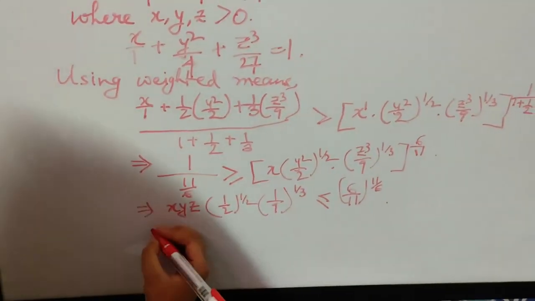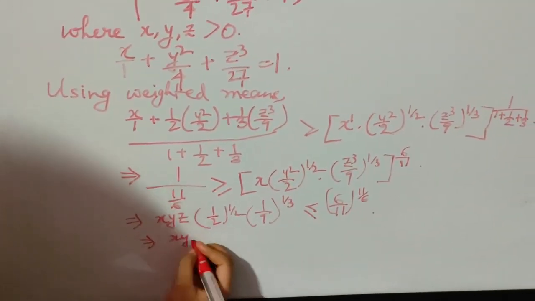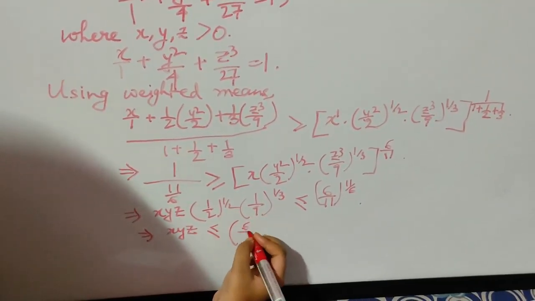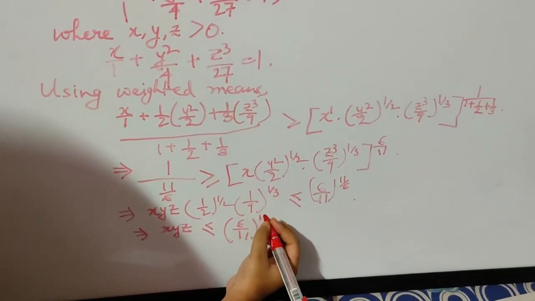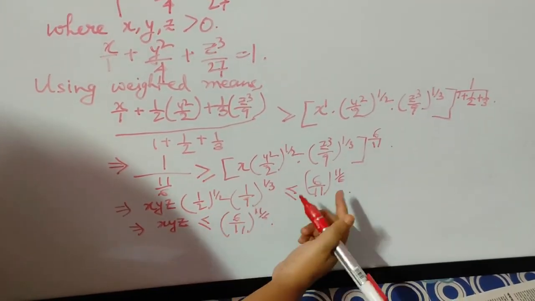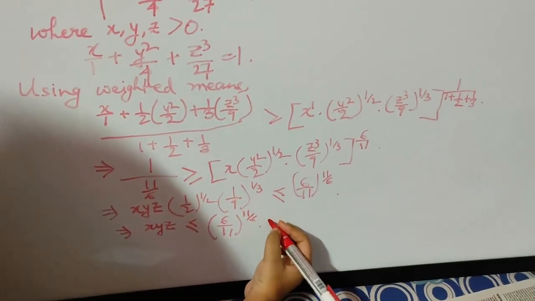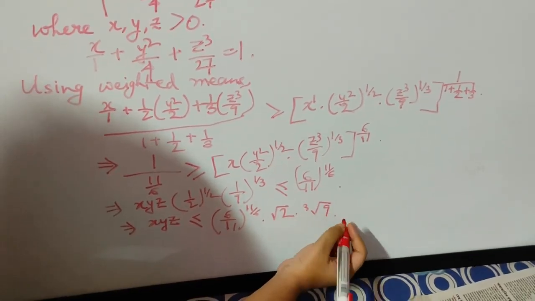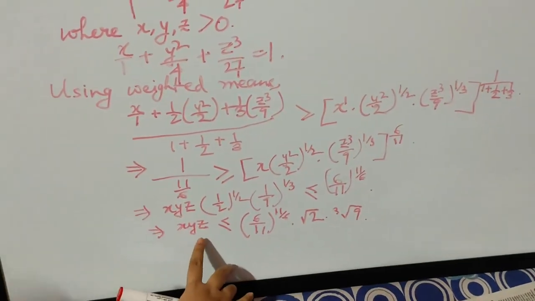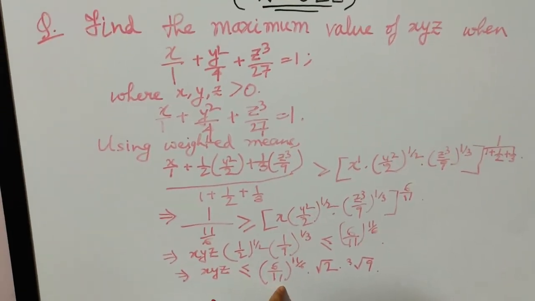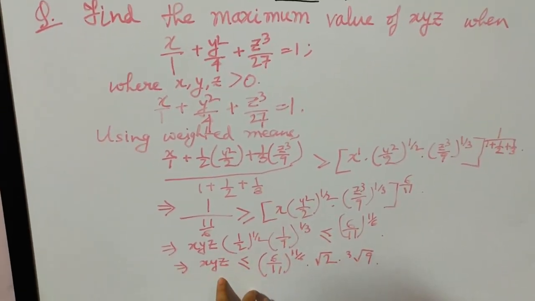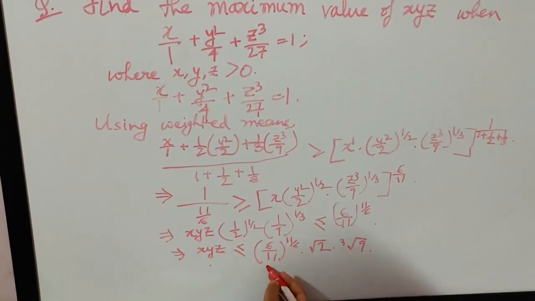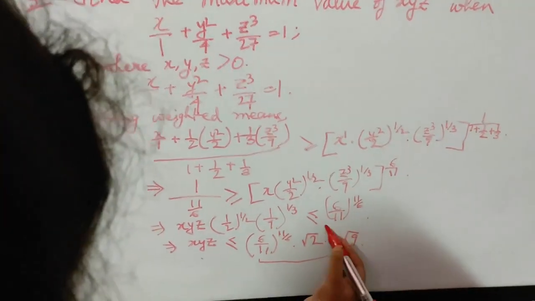So finally xyz should be less than or equal to 6 by 11 to the power 11 by 6 into, taking this to the other side, root 2 into cube root of 9. So the value of xyz should be less than or equal to this term. So the maximum value will occur when equality happens, right? So the maximum value of xyz should be this. So this is the answer.